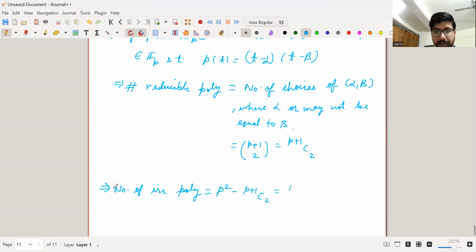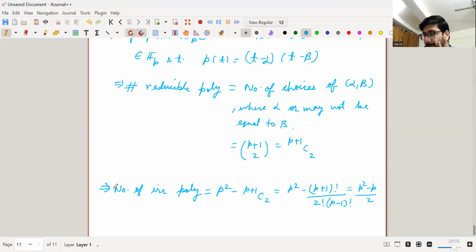And (p plus 1) choose 2 is nothing but (p plus 1) factorial divided by 2 factorial times (p plus 1 minus 2), that is (p minus 1) factorial. So you can see this is nothing but (p square minus p) by 2.